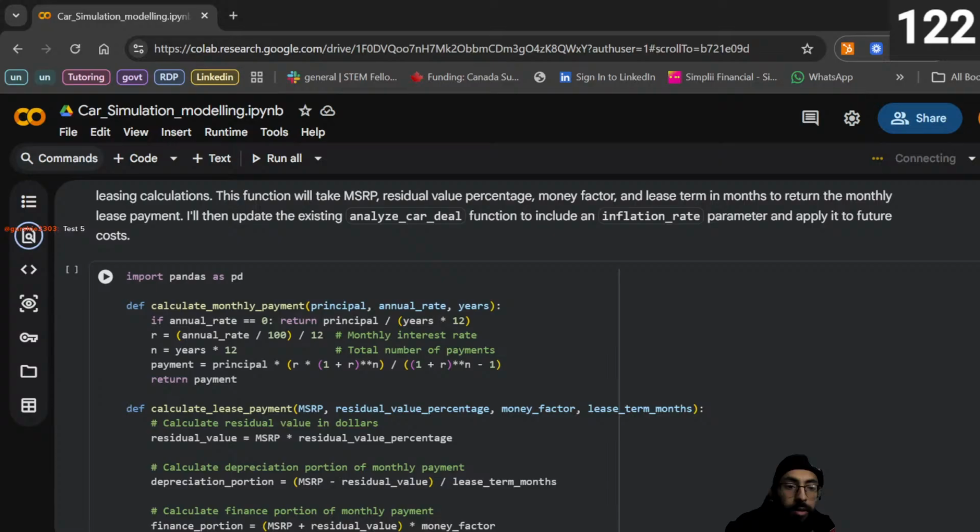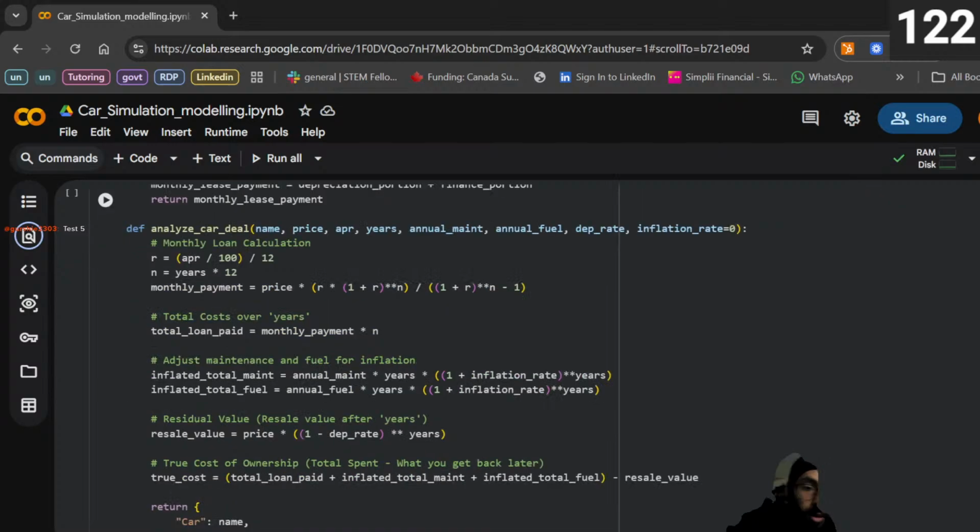It's also calculating the lease payment. I wonder what MSRP is. I think it's set above the residual value percent. There's appreciation value, finance portion. It's analyzing the car deal: name, price, APR, years, annual maintenance, annual fuel, depreciation rate, inflation rate. So the monthly loan calculation, total cost over years, adjusted maintenance and fuel, residual value, and true cost of ownership.